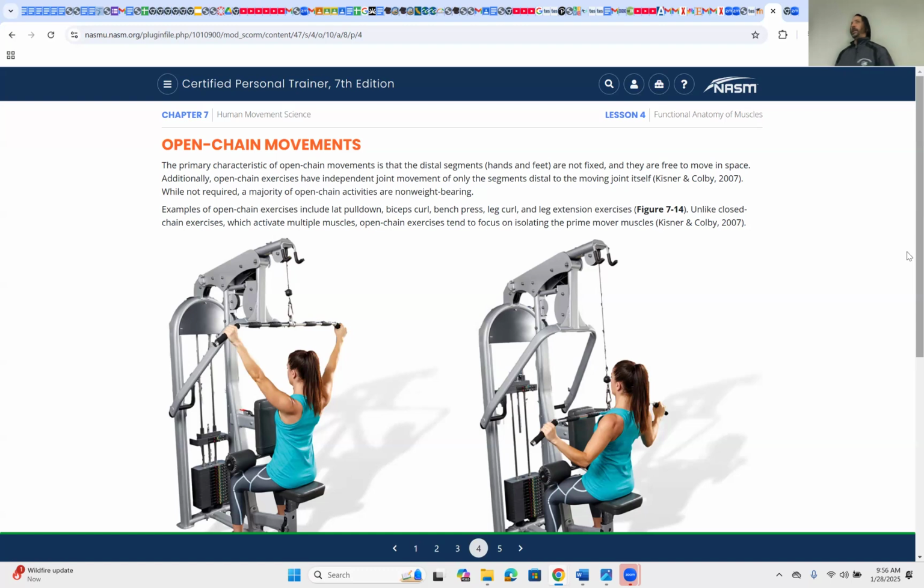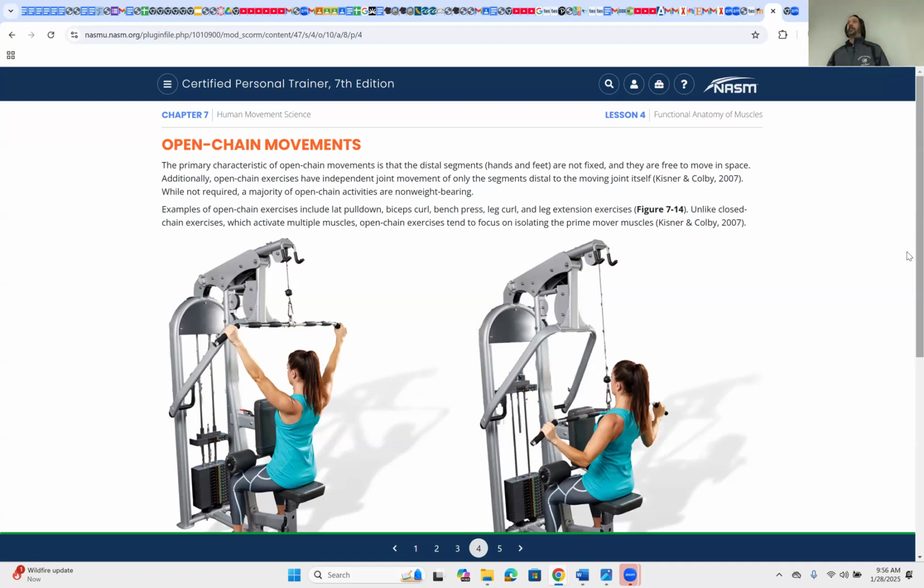These are all open chain. What other examples can you think of that would be open chain? Lateral raises, good. Yep, that's open chain.